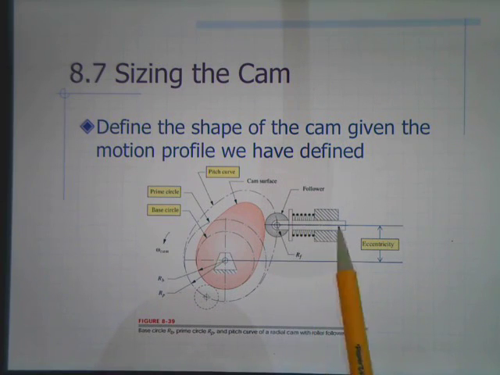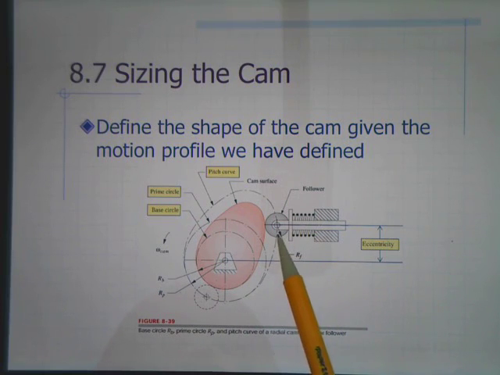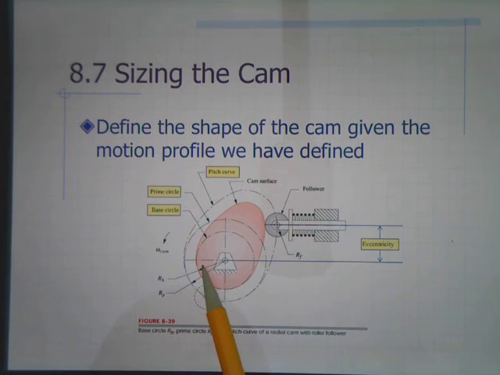This is a translating roller follower, and the motion of that roller follower is back and forth along this line. You can set up another line parallel to it that goes through the center of the cam, and the offset there is called the eccentricity. That's a value that we're going to need to deal with.